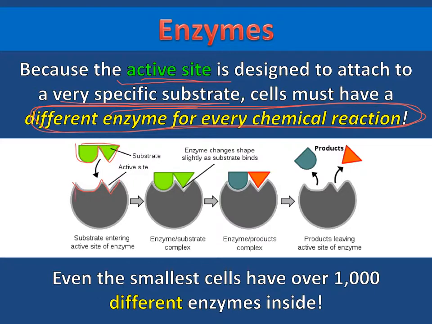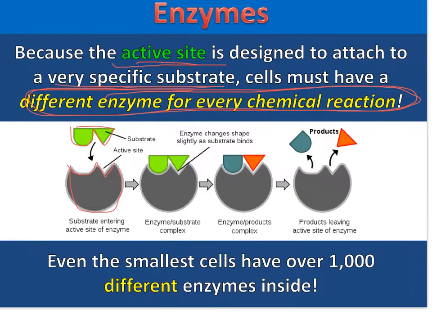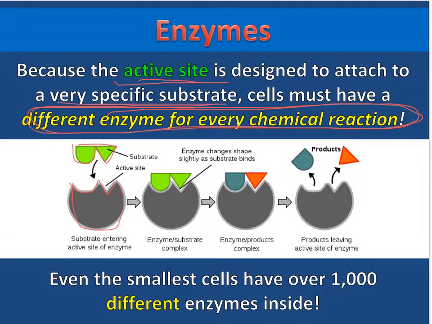So that's why we have thousands of different enzymes that have different shapes of their active site. And even the smallest cells have over 1,000 different enzymes inside. So question 15, how many different enzymes are in even the smallest cells? And you want to say over 1,000.